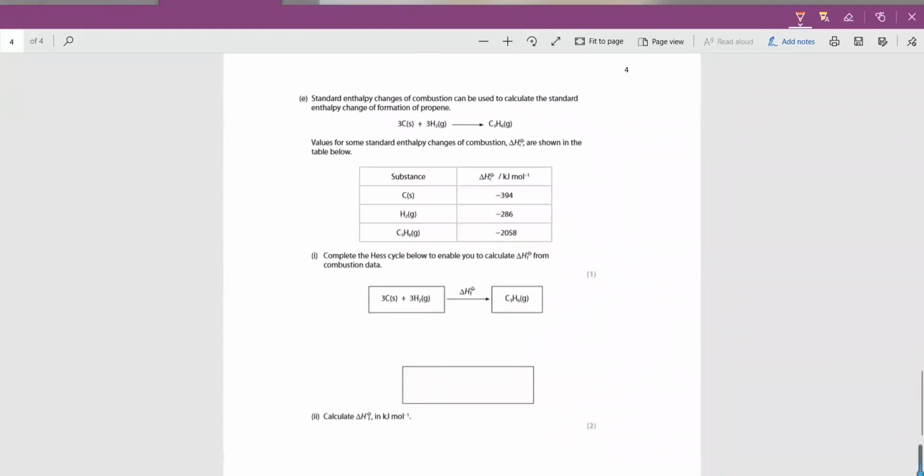Now, this one is about combustion, and you have to find the formation. Carbon, when burned in oxygen, will form 3CO2, plus this one, hydrogen, when burned in oxygen, will form water. So this corresponds to the combustion of 3 carbon, and this corresponds to the combustion of hydrogen.